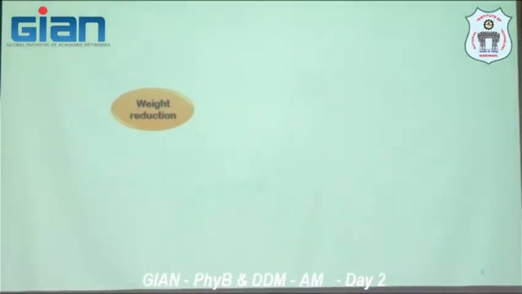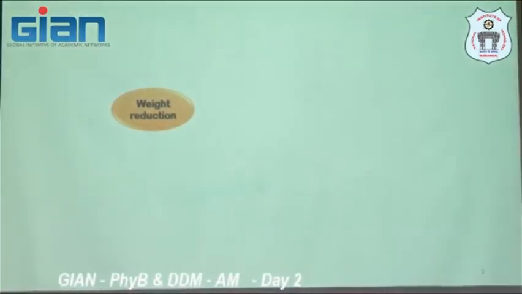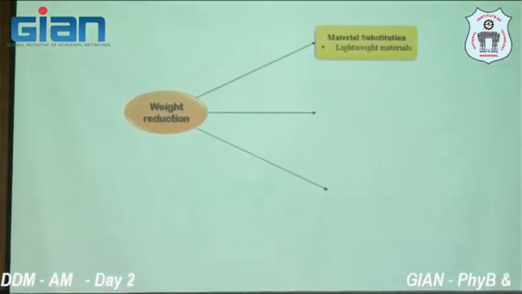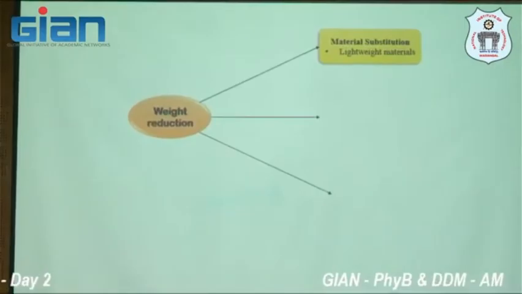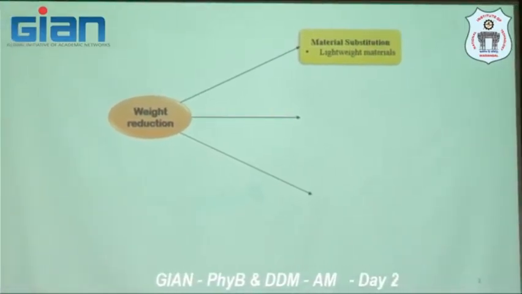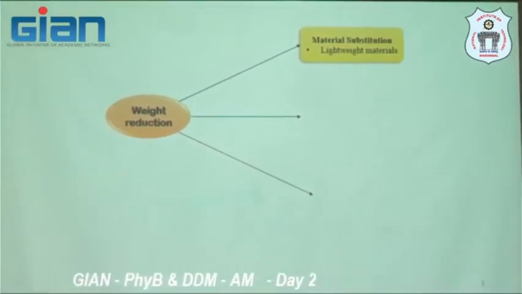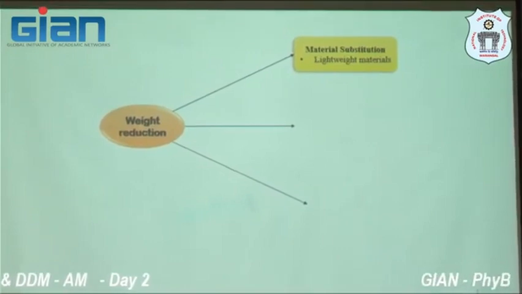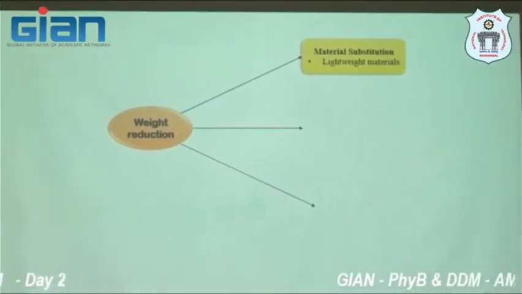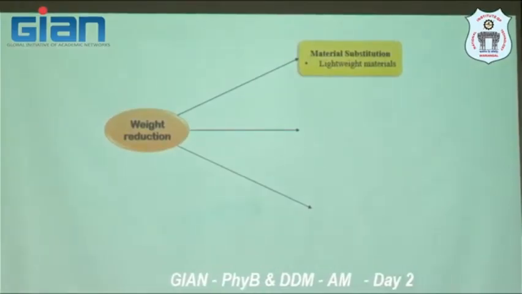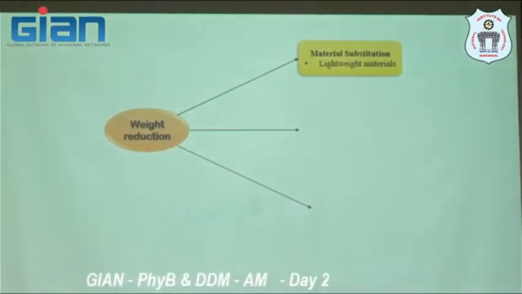So, weight reduction, there are a few methods. Three methods we are using. One method is material substitution. Means we have traditional designs, and to reduce the weight we use lightweight materials, that is aluminum, titanium. Instead of steel we are going with aluminum, titanium, so that we can reduce the weight, because density is lesser for aluminum, titanium compared to steel, right?